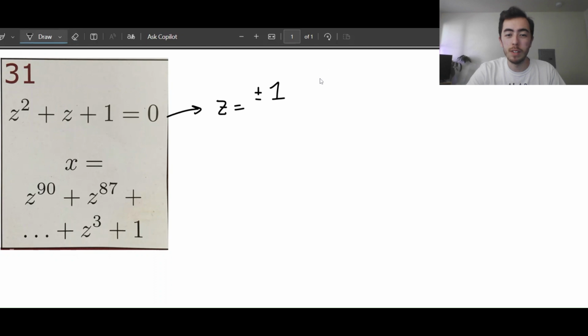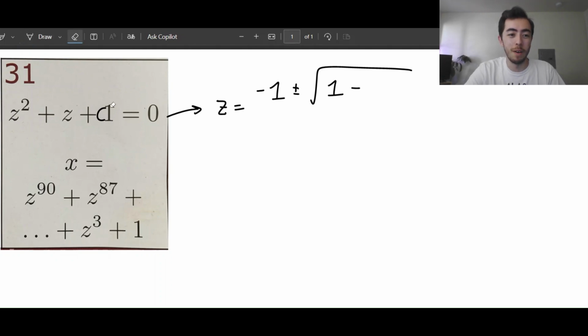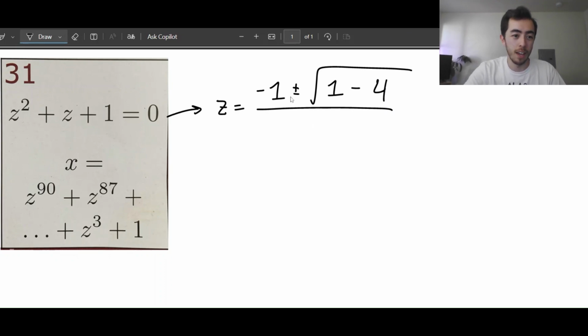Basically, all of my coefficients are just 1, so 4ac is just going to be 4, and 2a is going to be 2.